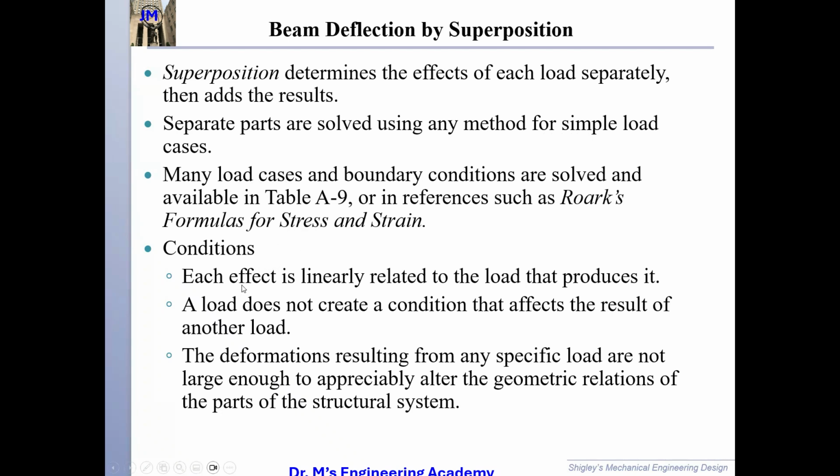So you can see each effect is linearly related to the load that produces it. They are talking about both elastic behavior and small deformation. A load does not create a condition that affects the result of another load. The deformations resulting from any specific loads are not large enough to appreciably alter the geometrical locations of the parts of the structure system.